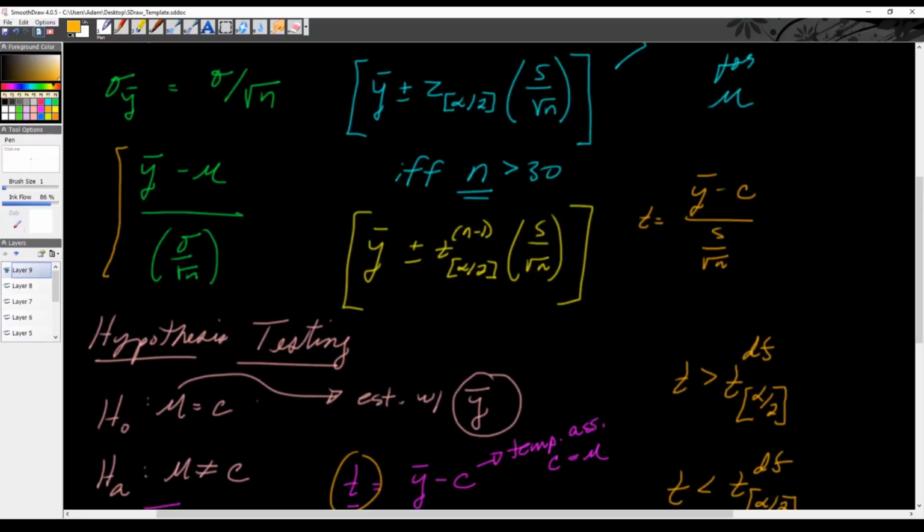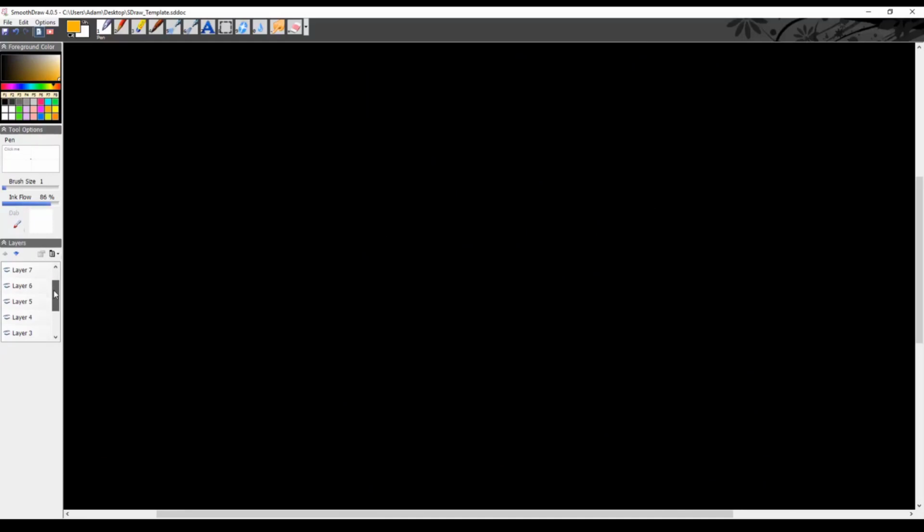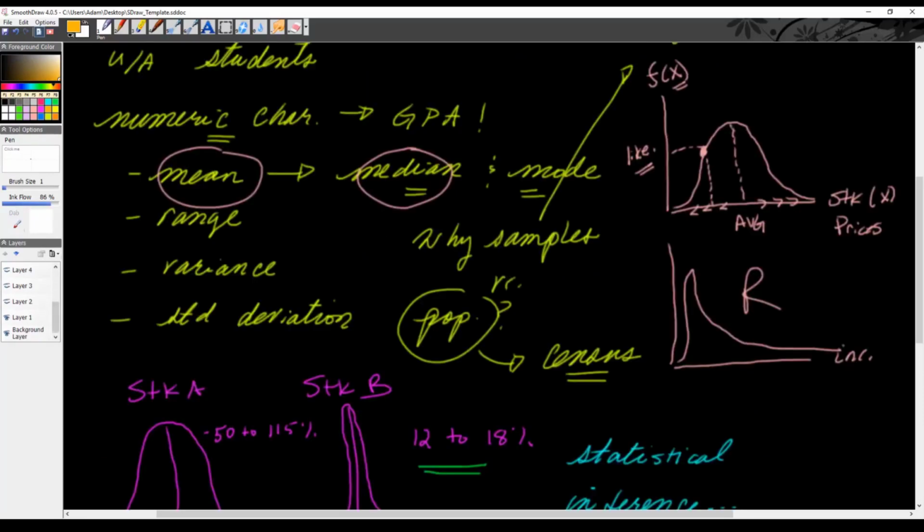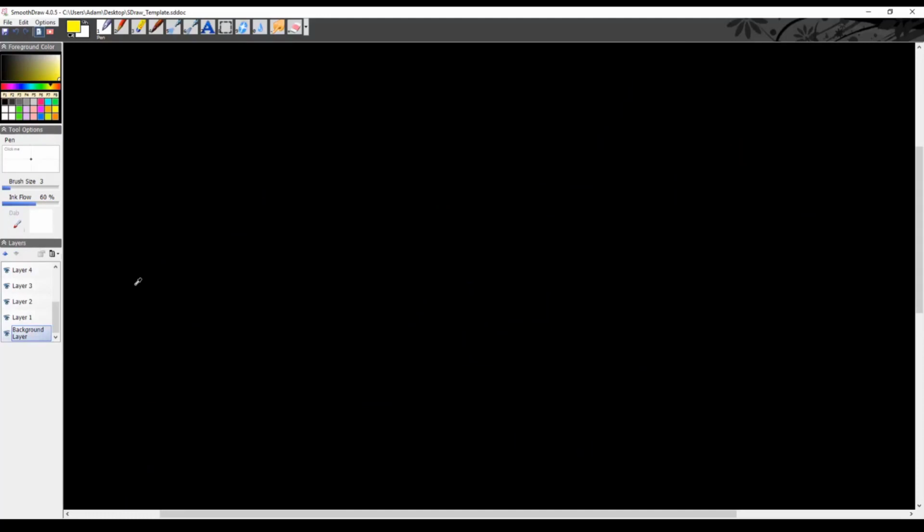So these are the steps to hypothesis testing. Actually, I probably should have just started with going over the steps. First, you state in advance the level of significance. You have to pick that in advance.